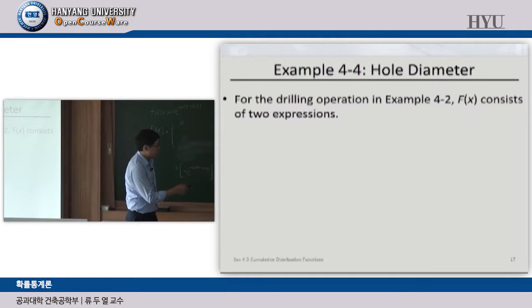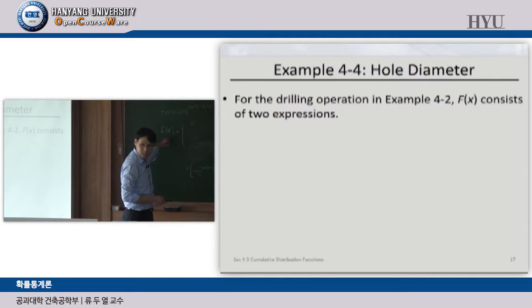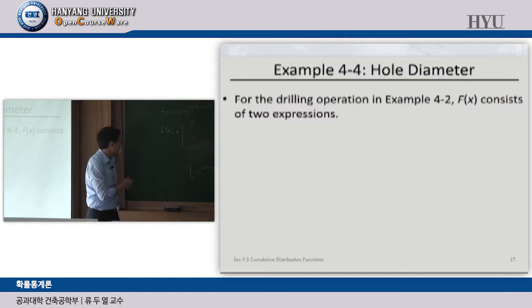And as you can see, as x goes to infinity, this term goes to 0, right? So finally, when x increases infinitely, this curve gets closer to 1, okay? So this is the schematic description of this cumulative distribution function.